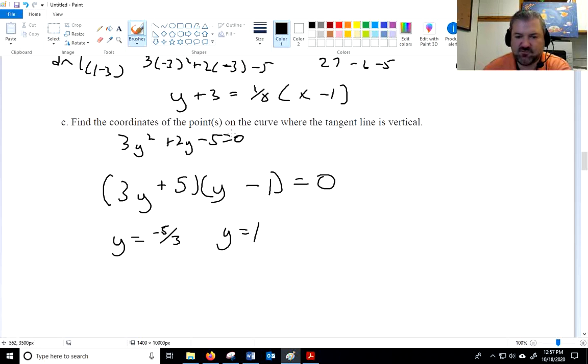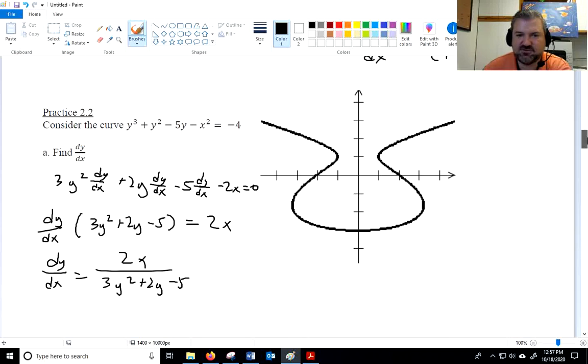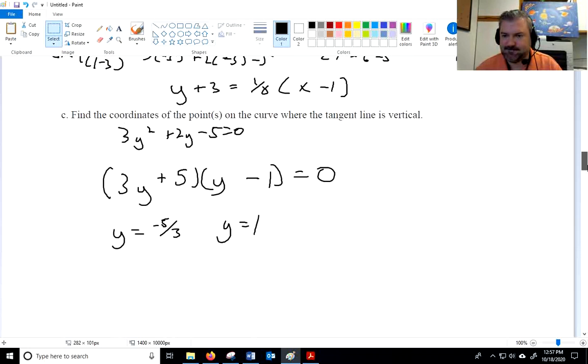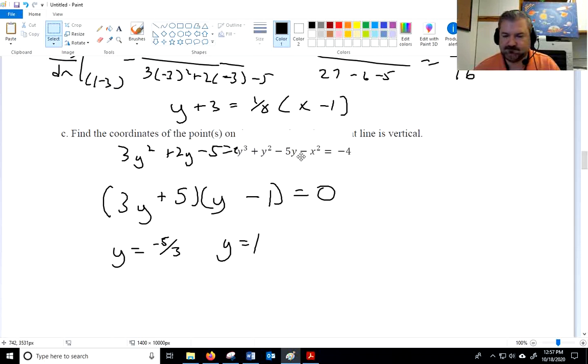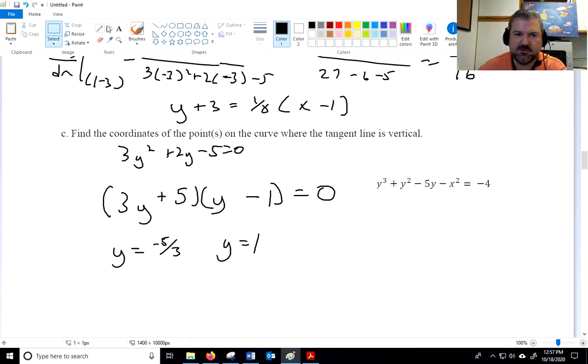Those are the y coordinates. Let's get the x coordinates. Well, for the x coordinates, we have to plug back into the original, right? So let me go and grab that right quick. All right, I'll do the 1 first. So 1 cubed plus 1 squared minus 5 times 1 minus x squared equals negative 4.